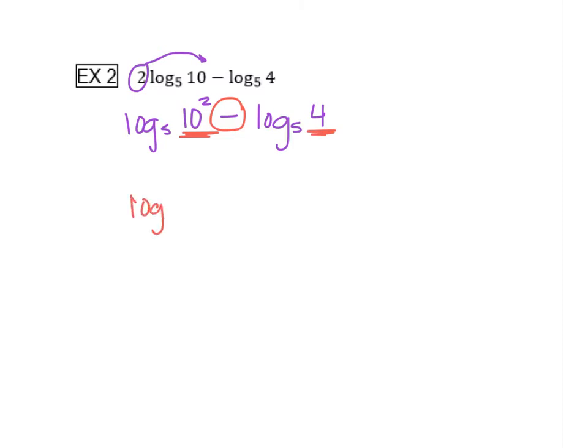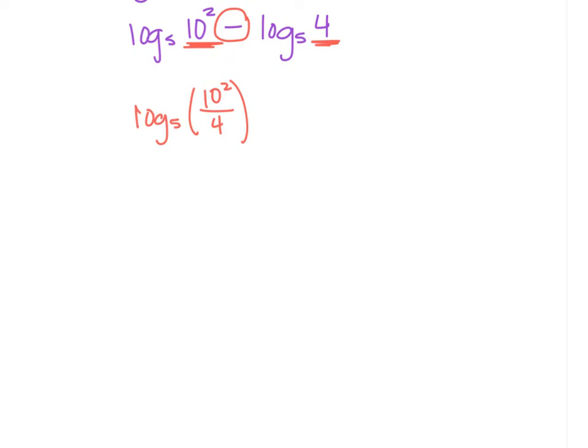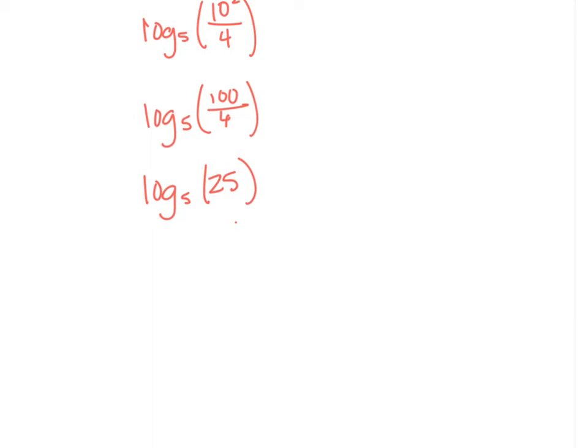So that's going to be log base 5 of 10 squared divided by 4. So we got it down to one log, which is good. Now we're going to keep simplifying. 10 squared is 100, and then 100 divided by 4 is 25. So we have log base 5 of 25.